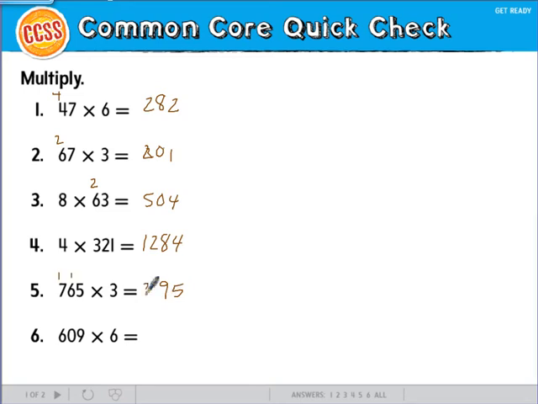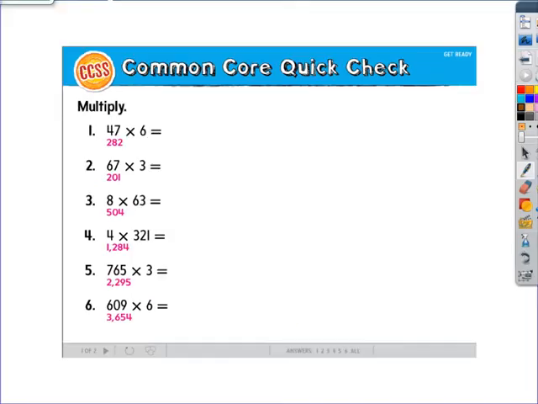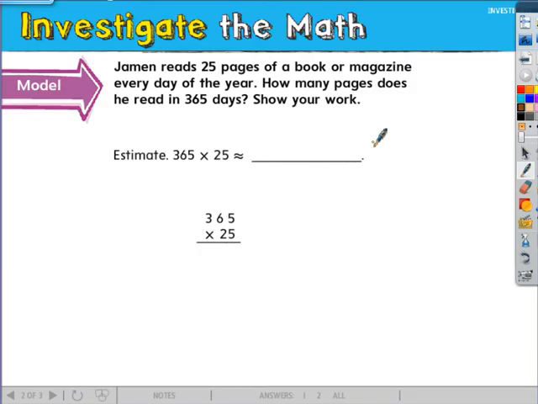Plus 1? 22. 6 times 9. 54. 6 times 0. 0. Plus 5. 5. 6 times 6. 36. 41. All right. Where did you get that from? There's your answers. We were fast.